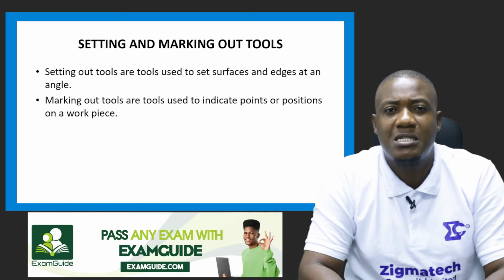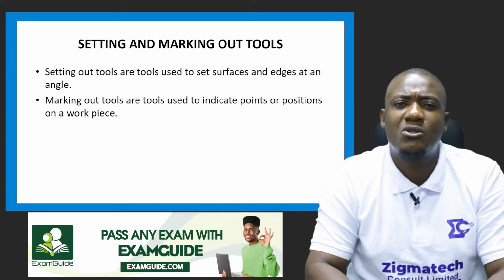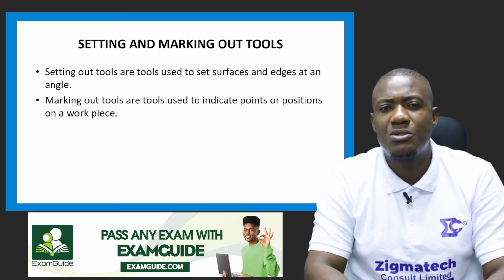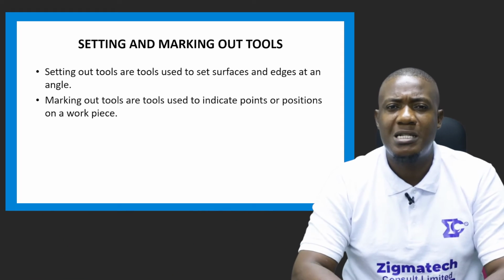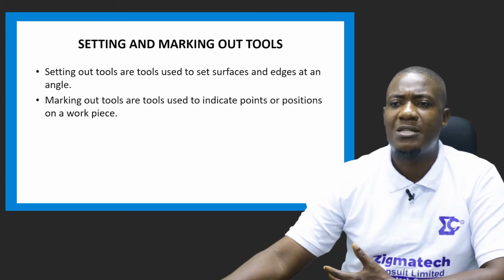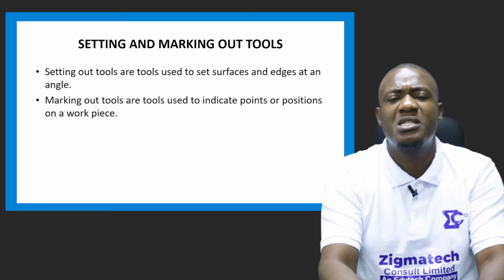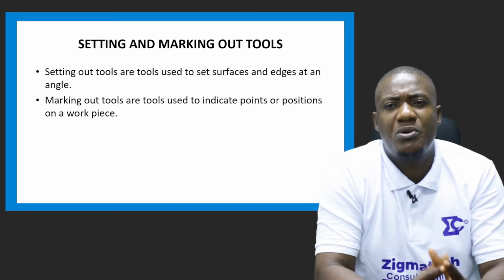The odd leg caliper can be used to mark off or get the center of your workpiece. So those tools that we use to indicate points or positions on a workpiece, we call them marking out tools. That's what we call them.